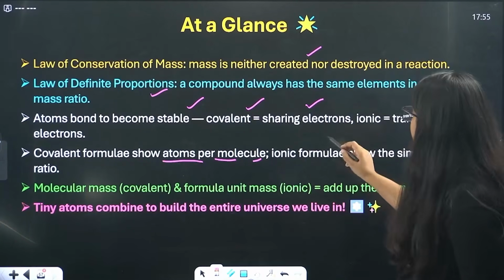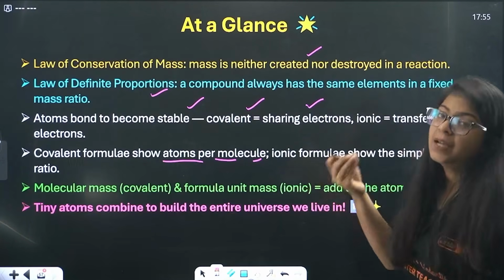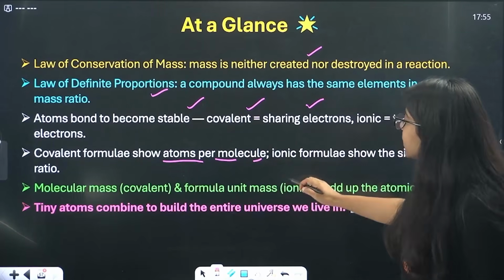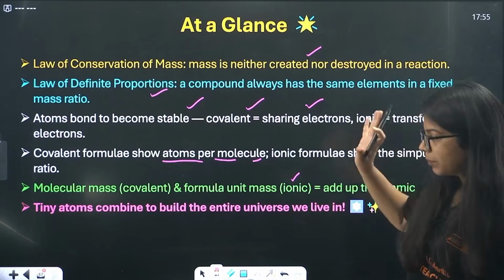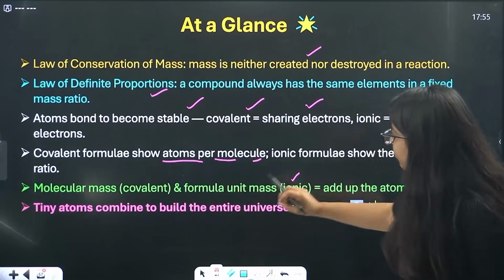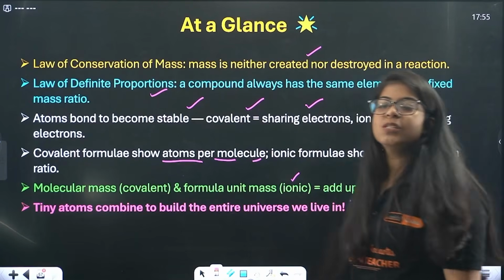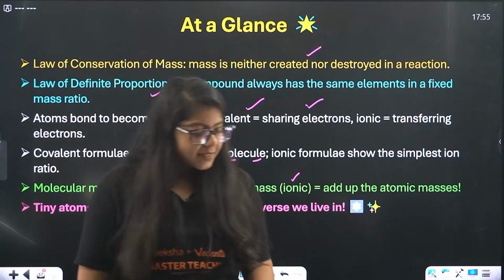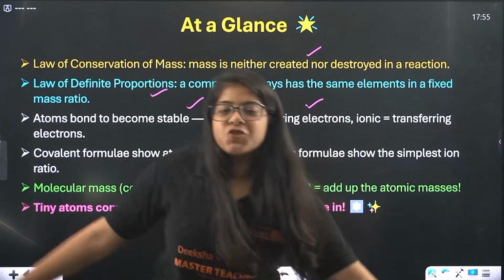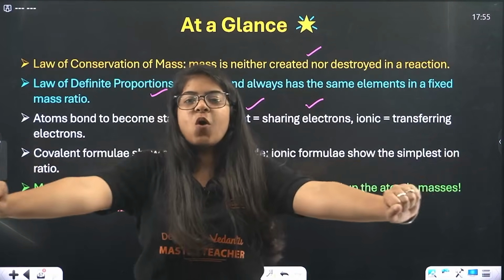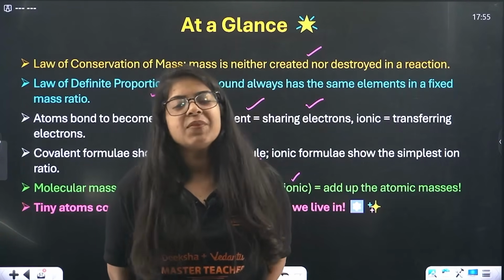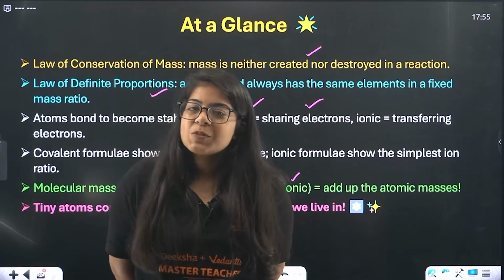Ionic formulas show the simplest ion ratio. Then molecular mass is for covalent, formula unit mass is for ionic, adding up the atomic masses. Tiny atoms combine to build the entire universe we live in. And that is your whole chapter. The chapter was what? Atomic foundations of matter. Done.